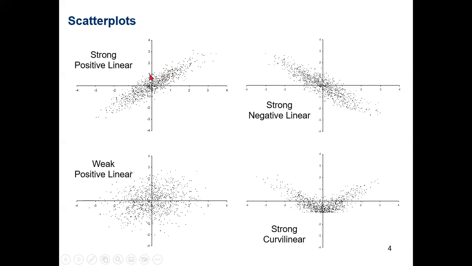But for a higher X value, the values on the Y axis are comparatively higher than this one, right? So this is positive linear. This is a strong negative linear. The higher the X values, the lower the values on the Y, right? So this is negative.